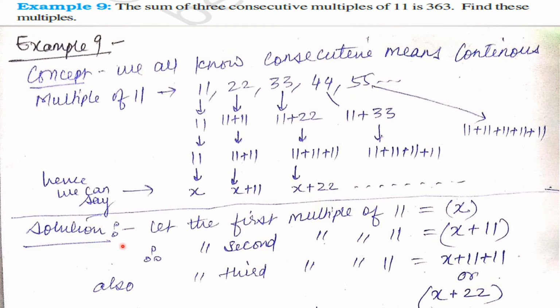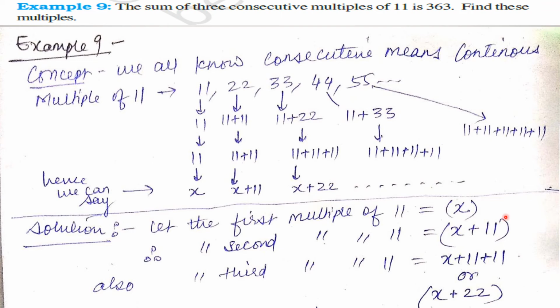Now, I have assumed the first multiple of 11 as x. Question is saying sum of three consecutive multiples of 11. So I have assumed the first multiple as x. I know if first multiple is x, then second multiple is x plus 11 and third multiple is x plus 11 plus 11 or x plus 22.